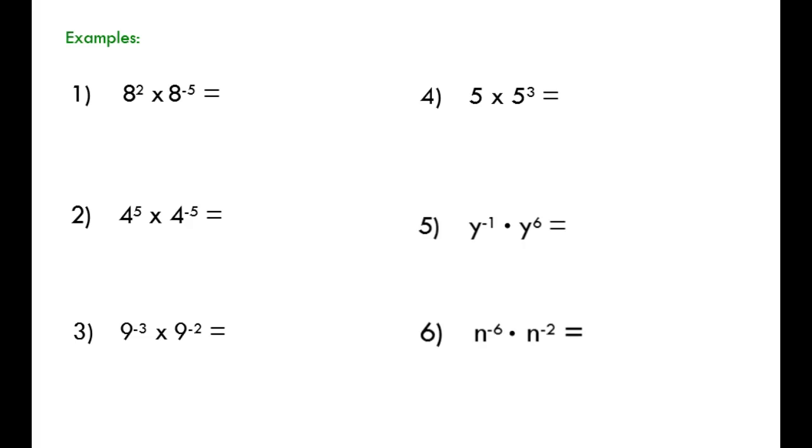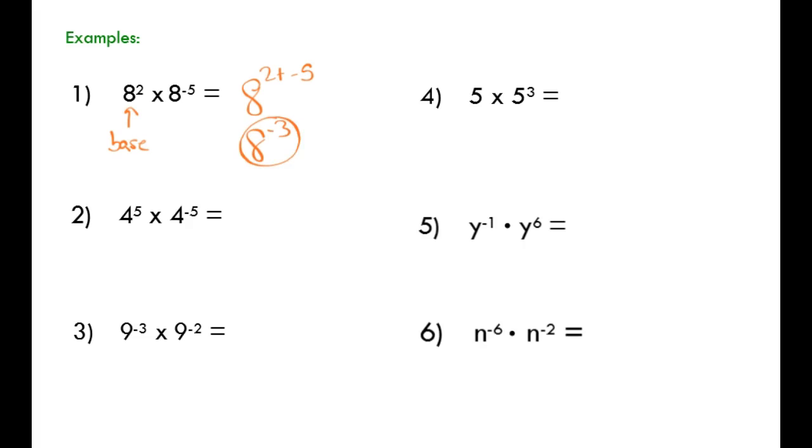Here's a bunch. Number 1, 8 is our base. It's a good idea to say that in our head, 8 is the base. So we keep it, and then we add 2 and negative 5. It's almost like a little math problem in the exponent area. That would be negative 3.